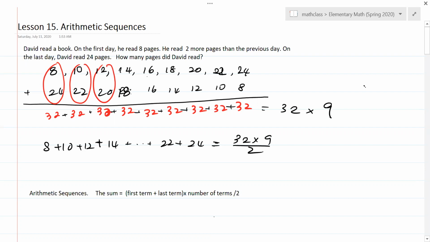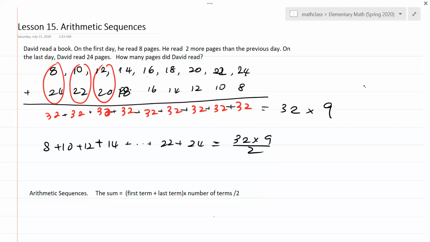Clear? Let me repeat again. So you have a sequence from 8, 10, 12, 14, 16, 18, 20, 22, 24. I want to add them together, but I cannot do that directly. It's too complicated. So I reverse the order, right? And line up. Then regroup the numbers in the sum. Otherwise, you have a total of how many terms?